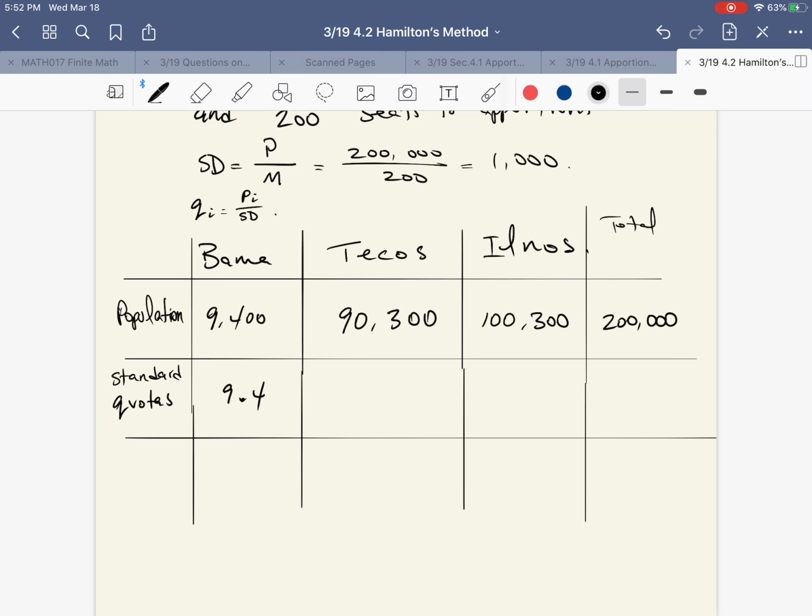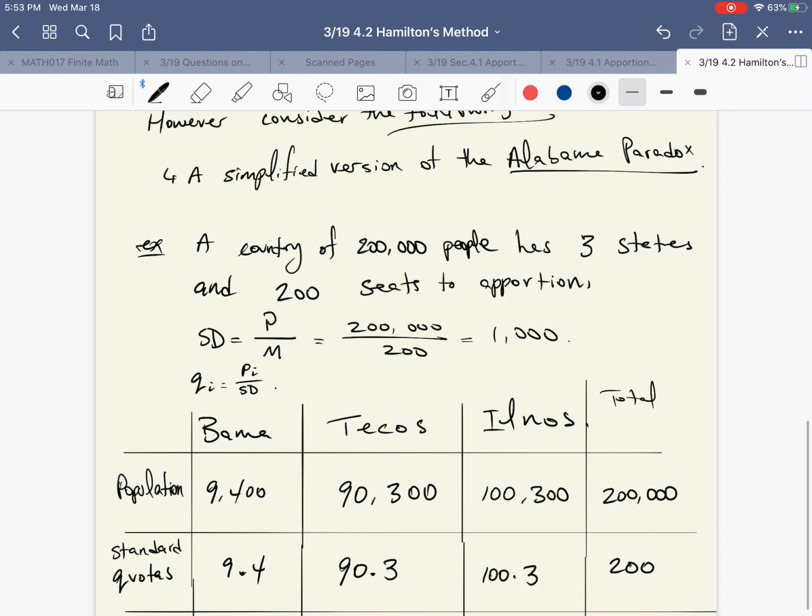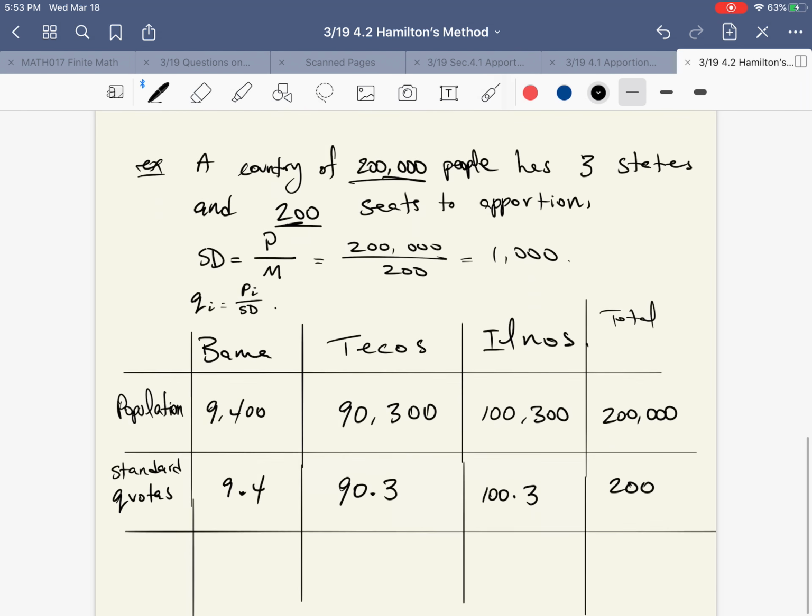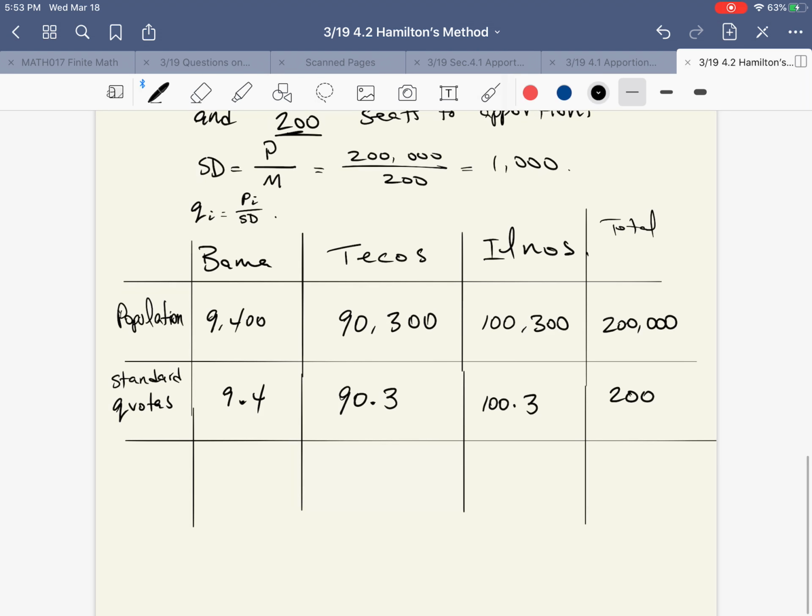Again, we can just move this over 3 places. We'll get 90.3. Move this over 3 places, and we'll get 100.3. And they should all add up to exactly 1/1000th of 200,000. So 200 seats. Well, perfect. That's exactly what we wanted. We want 200 seats, 200,000 people. Okay. So this is good.